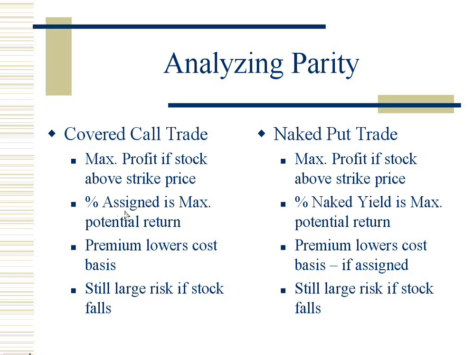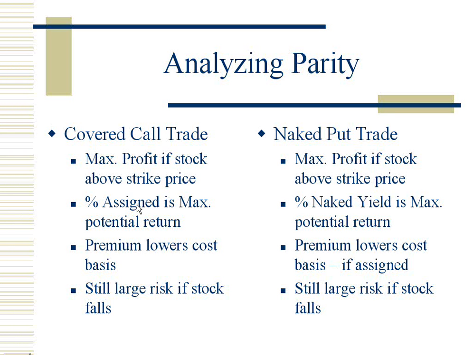Okay? For a covered call trade, the percent if assigned, which occurs when the stock's trading above the strike price and we're assigned at expiration and deliver our shares of stock, the percent if assigned is our maximum return. For a naked put, what's referred to as the percent naked yield is the maximum return, which again is earned when the stock is trading above the strike price of the put option. When I sell a covered call against my stock position, the premium I receive lowers my cost basis.